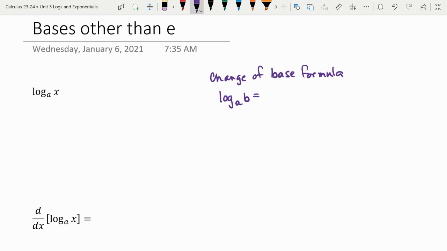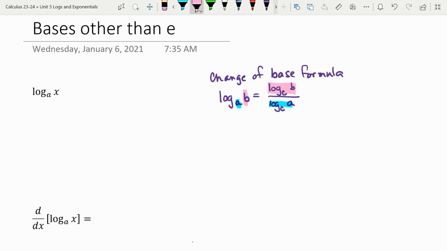If I pick some other constant, log base C of B, whatever we're taking the log of is in the numerator, and then log base C of whatever the base was. So log base C of B over log base C of A.